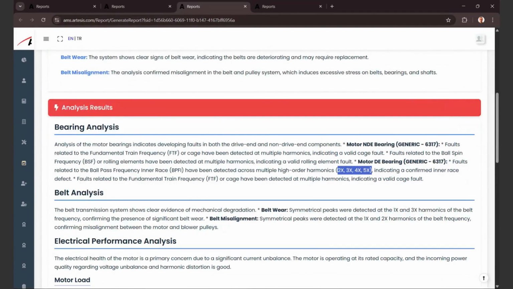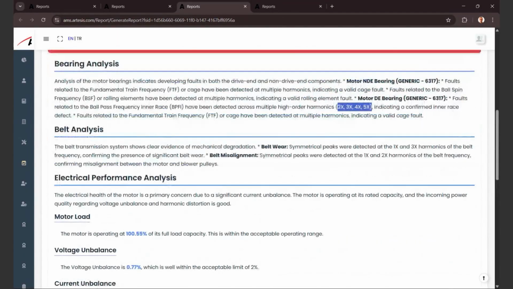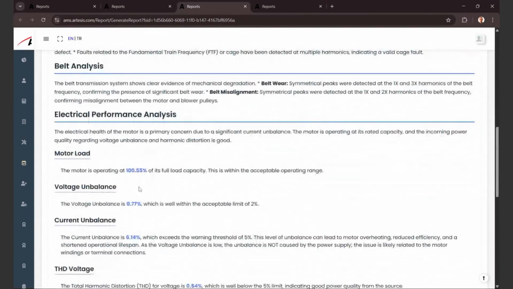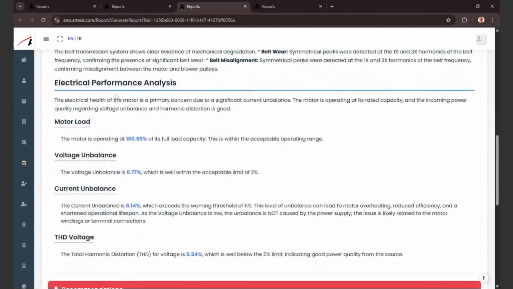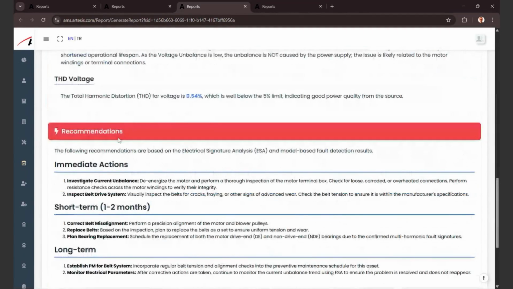Same analysis for belts: belt wear and misalignment were clear again from the spectrum, and the high-level electrical performance analysis gives you an indication that you should investigate the current imbalance and inspect the belt drive system.